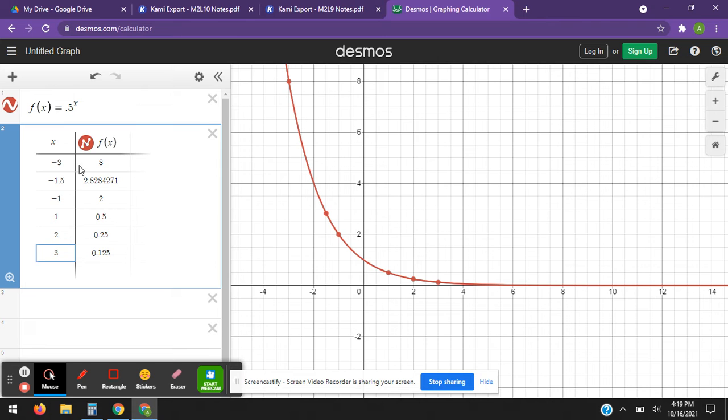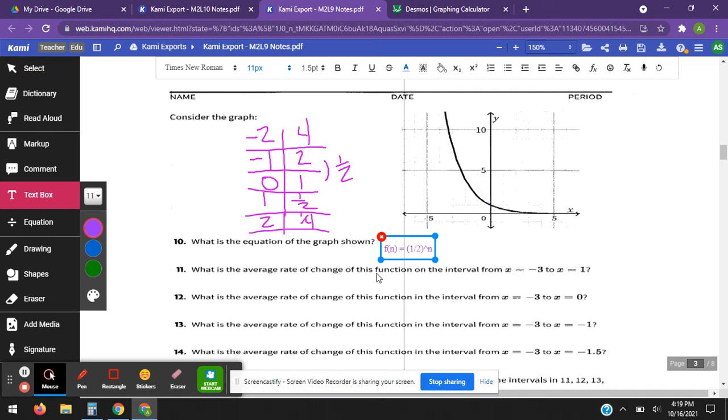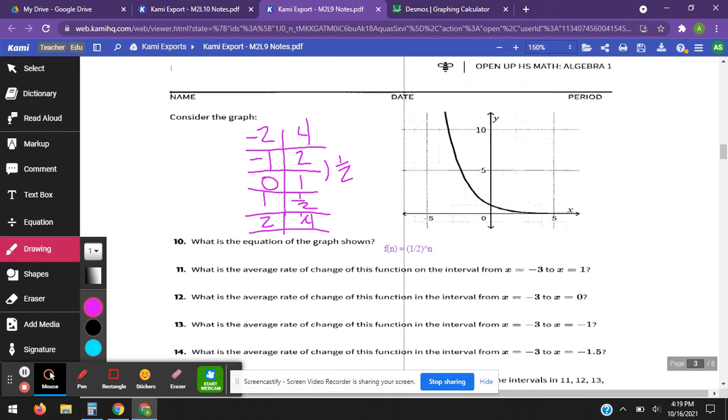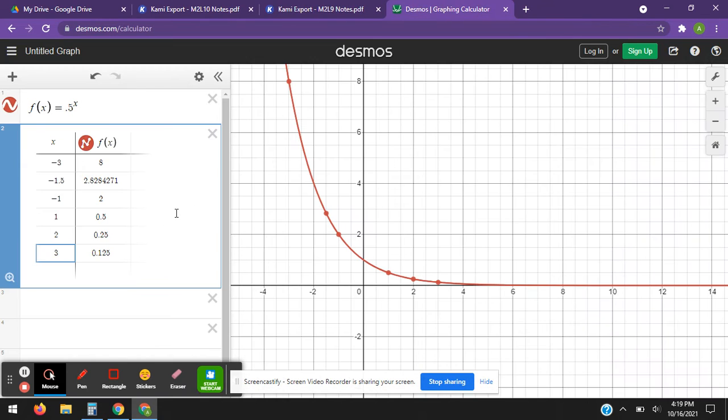All right, so at -3, we're at 8. And at -1, we're at 2. So I'm just going to go ahead and fill in some of these numbers. So that's 8. And this one was at 2 at -1.